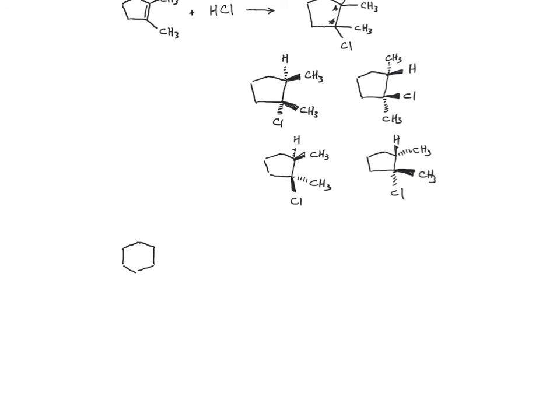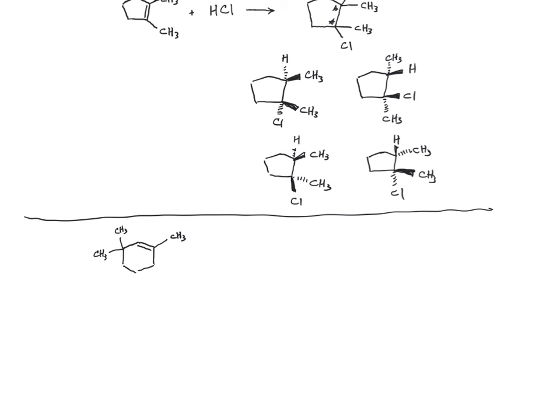What we're going to do here is put a pair of methyl groups on this carbon, and we'll put one over here on this carbon, and we'll put a double bond between the two. And I'm going to put a line here so we don't confuse these two problems.